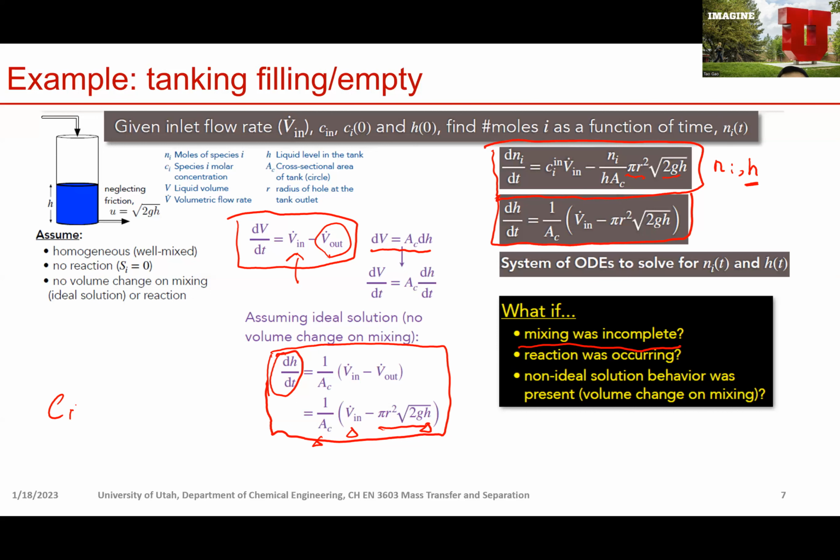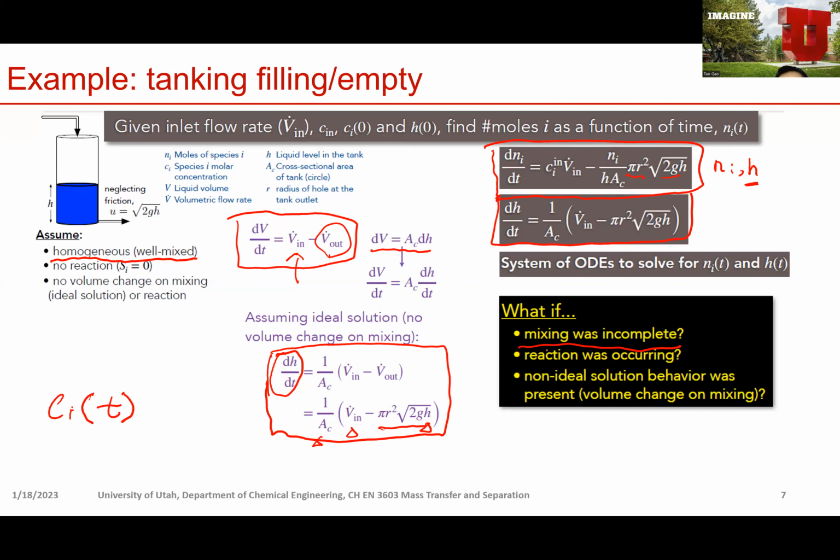So when we have this homogeneous solution assumption, C_I, the concentration of species I in this tank, is only a function of time. It changes with time, but it does not change with space.